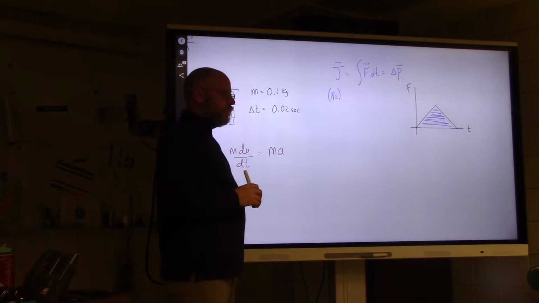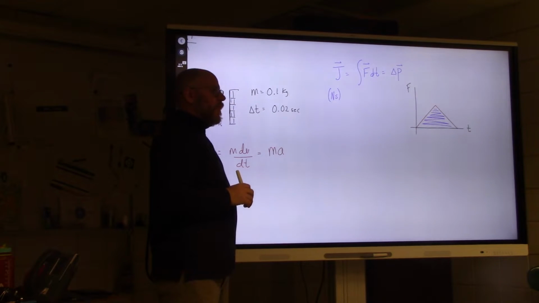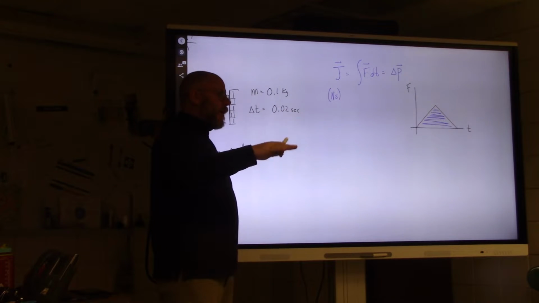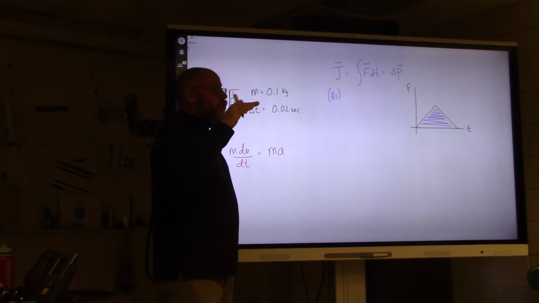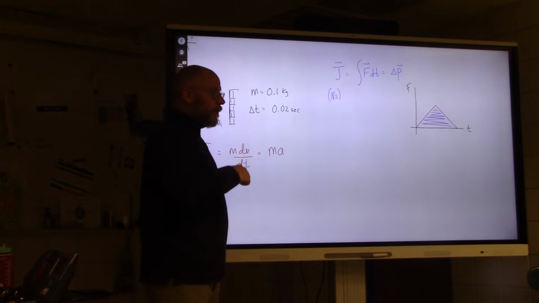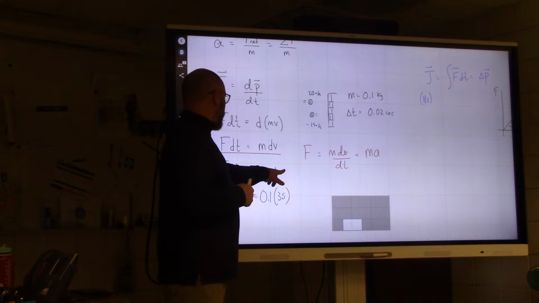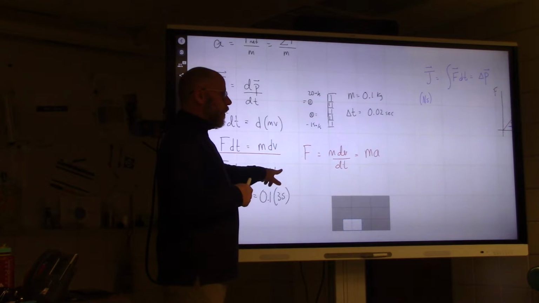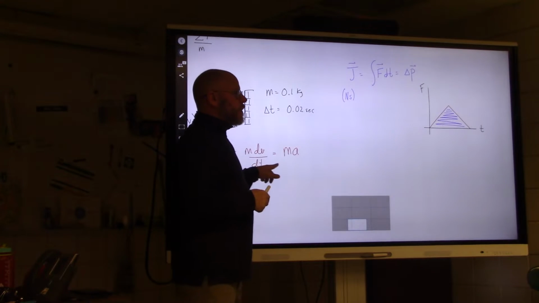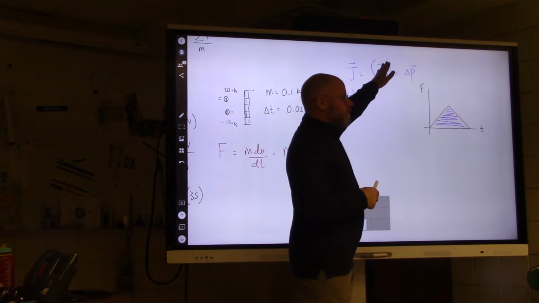Whatever net unbalanced force you have that changes the momentum of an object is going to change the momentum in the direction of the change, or in the direction of the impulse. So what is the difference between impulse and force?